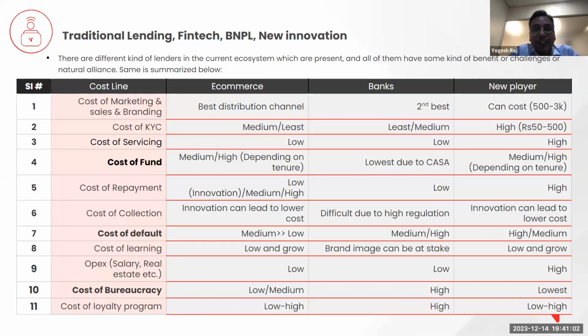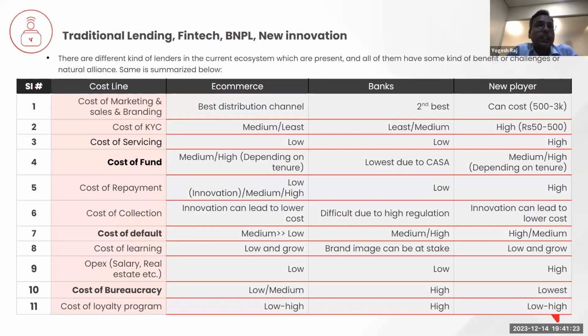For banks, it's still a little bit difficult. One can say it is second best. Banks are still in the brick and mortar method. They have rarely automated, but at the same time, since they are historical players, they have most of the customers.